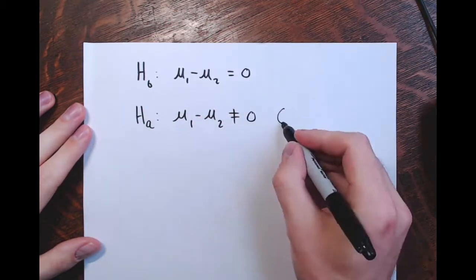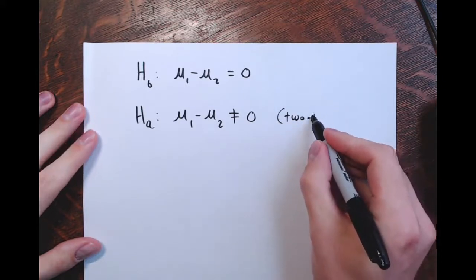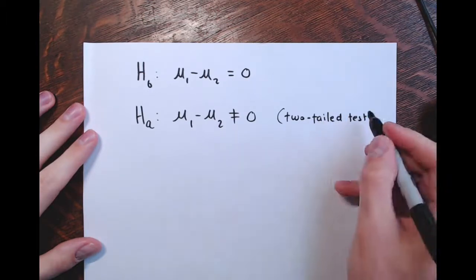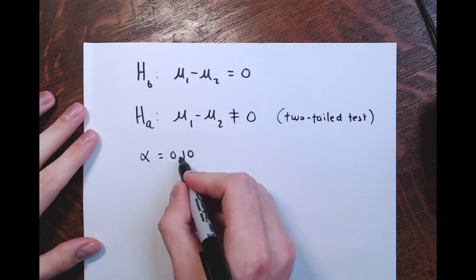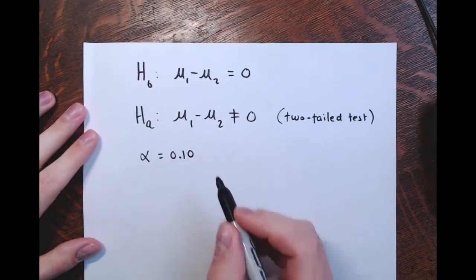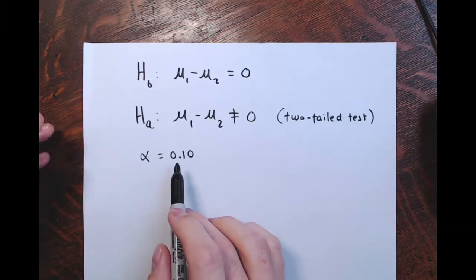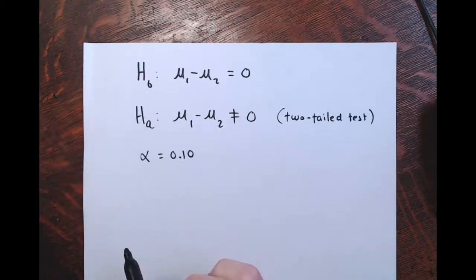So this is a two-tailed test, which is why they gave us the two critical values. The value of the significance level was 0.1. Remember, this is the area of all the rejection regions combined. Both rejection regions put together should have an area under the curve of 10%.